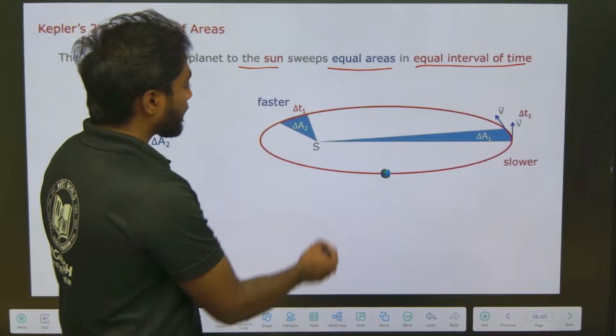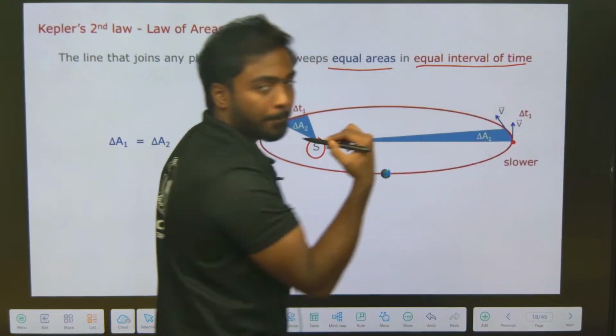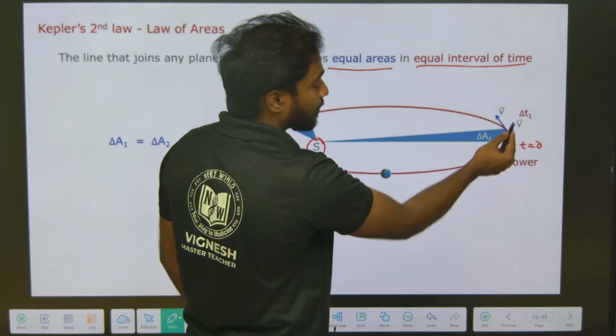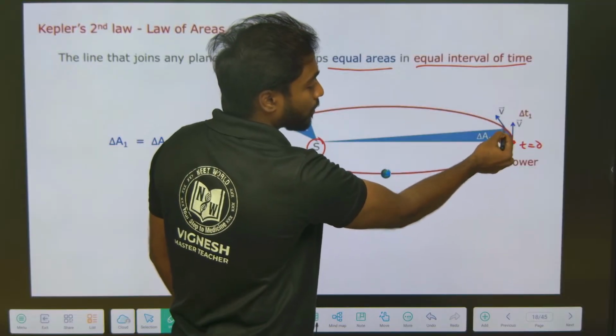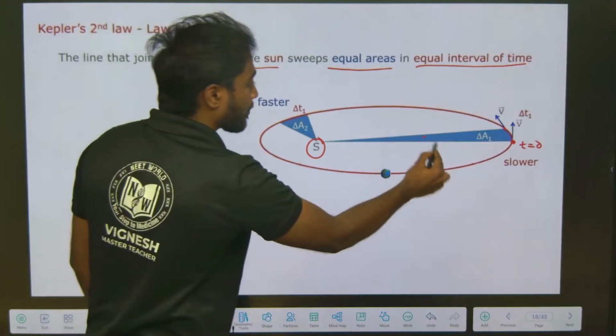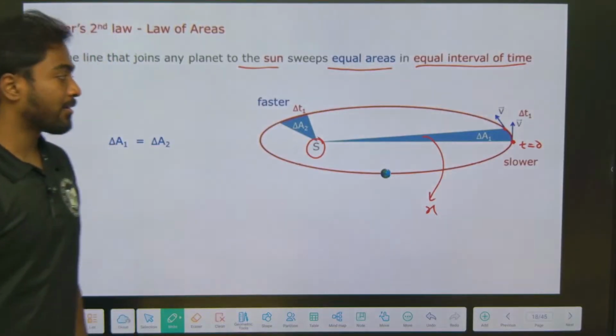For example, the sun is situated here, and the planet is around this point at t equals 0. At t1 it has gone to this point. If I calculate this area, let me take it as x.